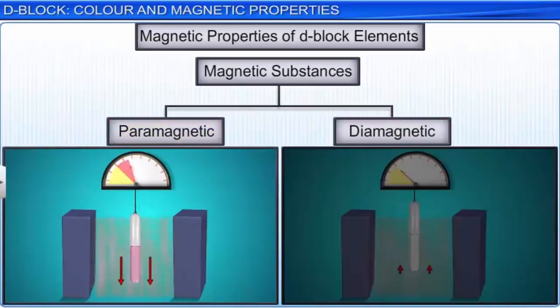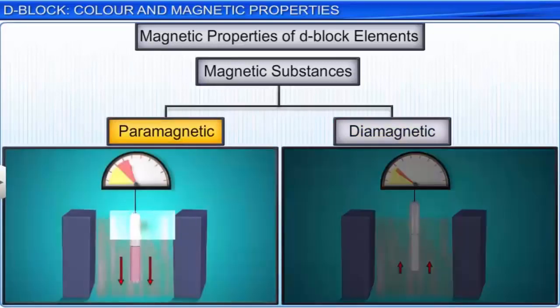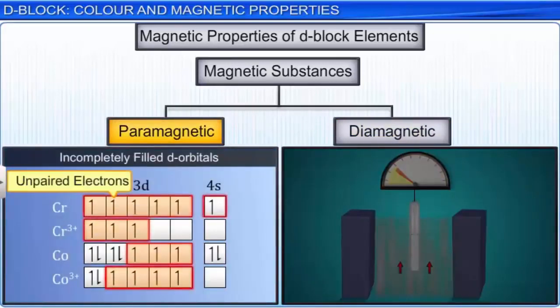Paramagnetic behavior is caused by the presence of unpaired electrons in the atom, ion or molecule. Diamagnetic behavior is caused by the absence of unpaired electrons.